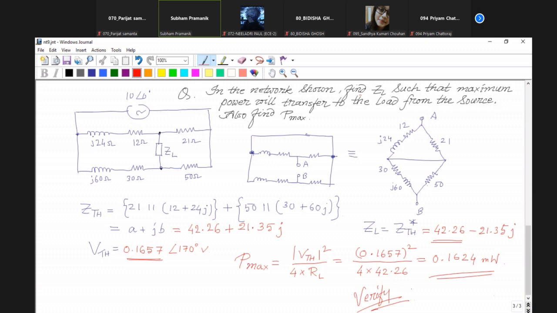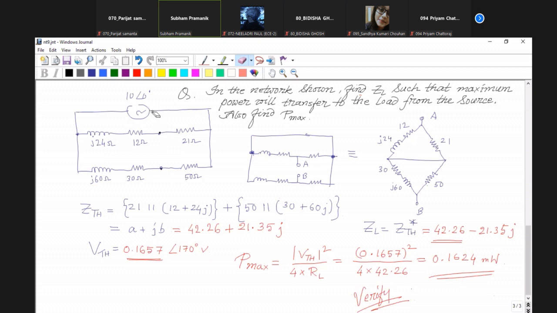Find open circuit voltage. You can apply mesh analysis here. You see, just open it. In between these 2 points, open circuit voltage will arise. So either you can use that or you can simply use the voltage division method here.